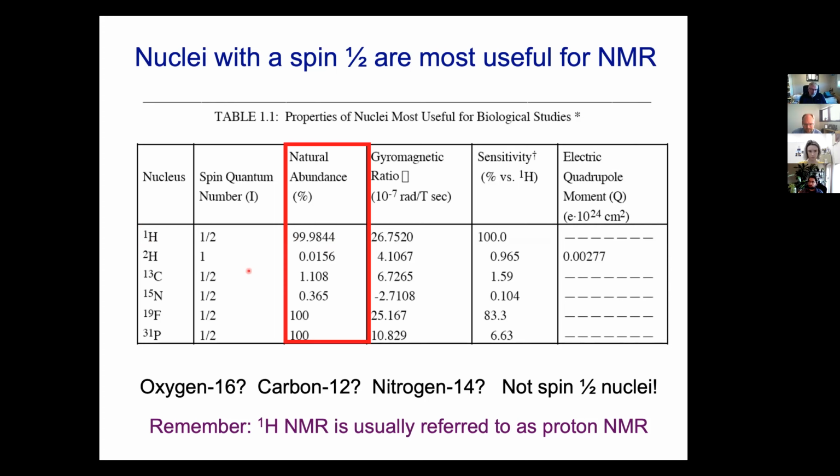If you want to do carbon NMR, it gets a little bit more complicated because only 1.1% of the carbons are carbon 13. The other 99% are actually carbon 12. Well, carbon 12 is not on the list. Why not? Because it does not have a nuclear spin. And the rules for nuclear spins are given in a few slides at the end of this lecture.